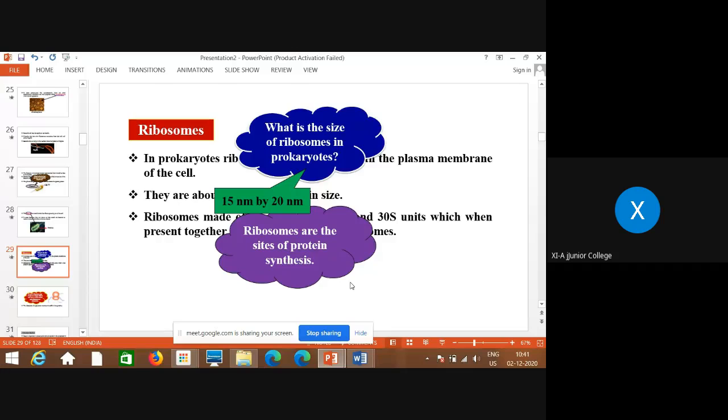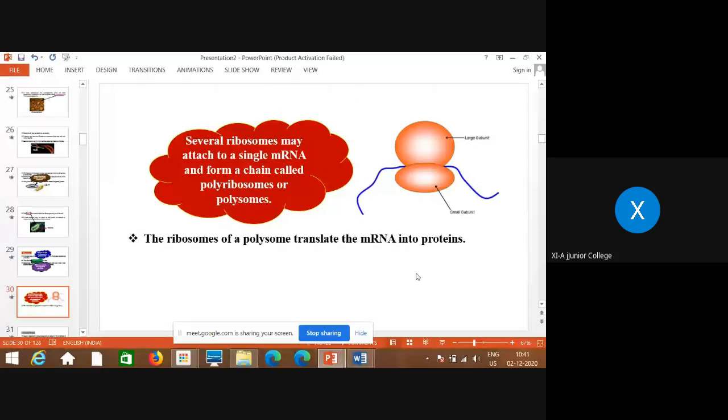The size of ribosomes in prokaryotes is smaller than in eukaryotes. The size mentioned is 15 to 20 nanometers, and their main role is protein synthesis. You have learned that in previous standards, but we will study in detail how it looks.